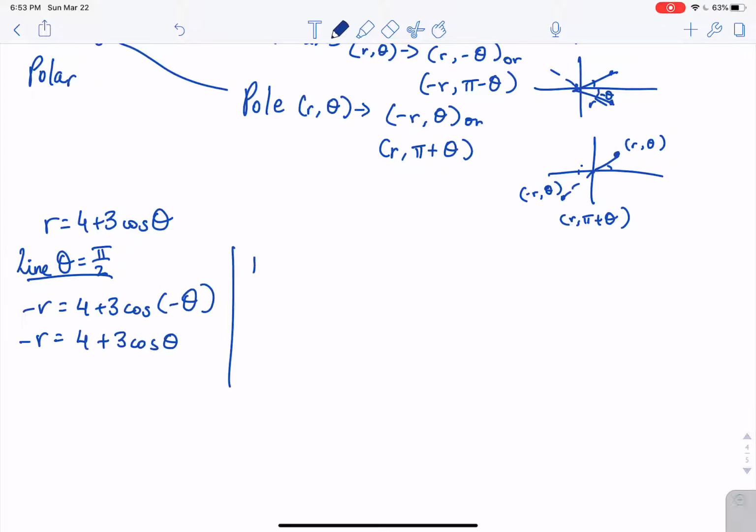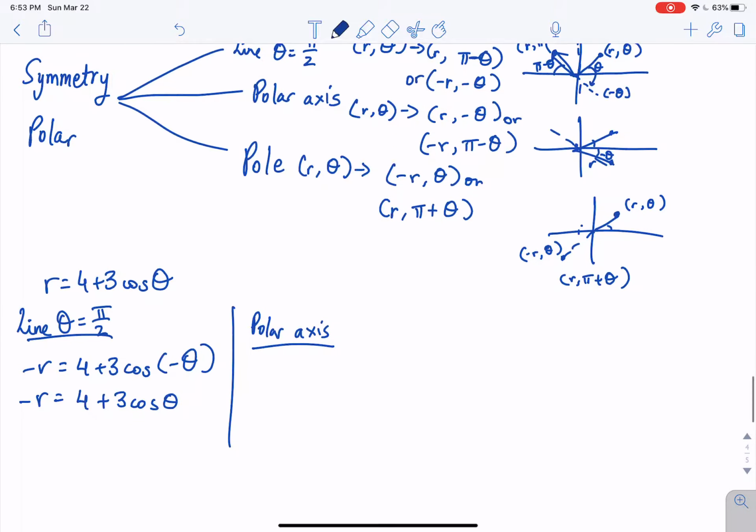Let's try with the polar axis. So that's taking r theta, but then replacing r and negative theta. This one is actually going to work out. Going to be the same thing.